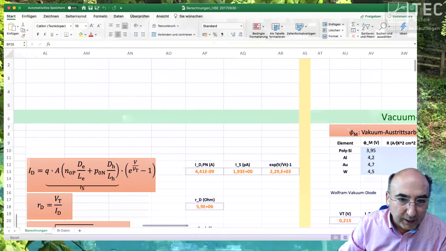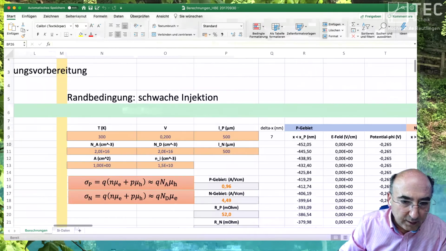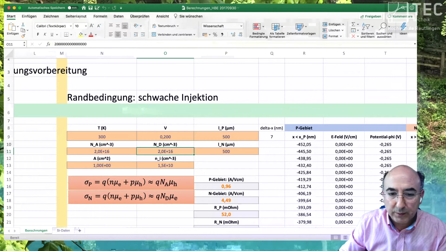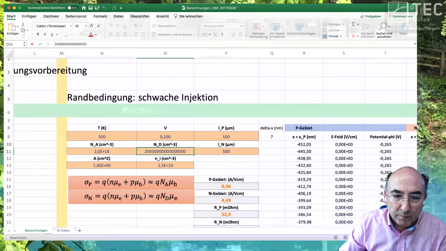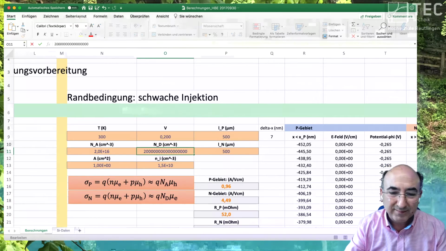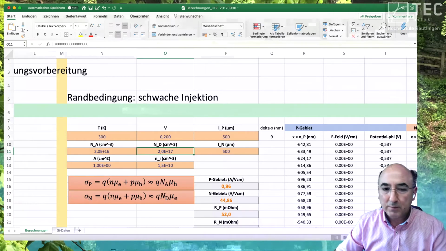So let's go to the diode area. I have taken the value where we have put in the diode values. So I make it unrealistically large, just one more zero. It's 2 times 10 to the power of 17.